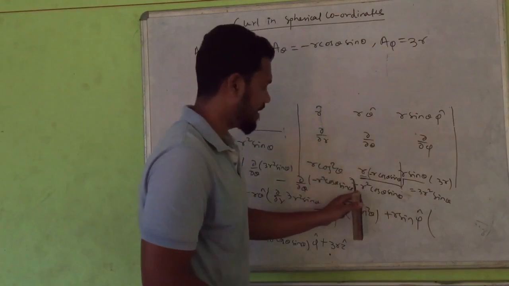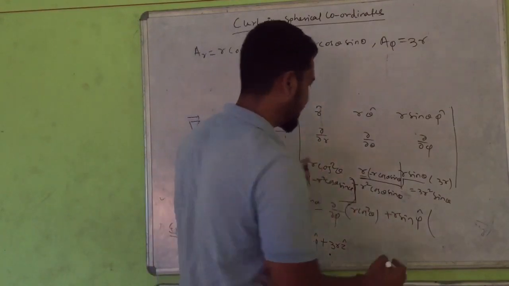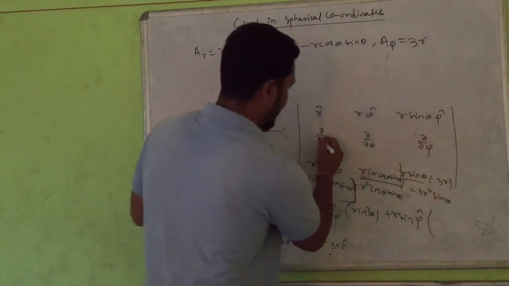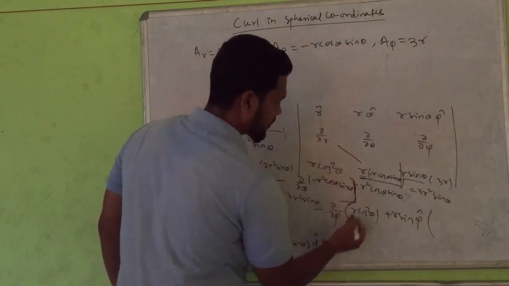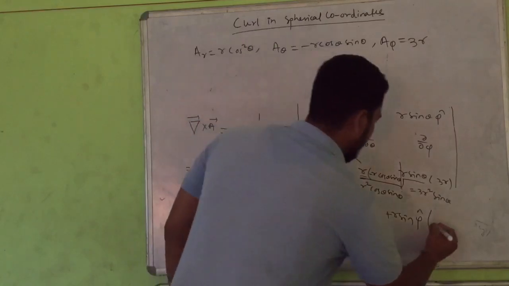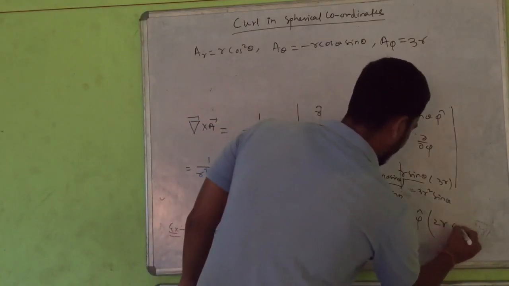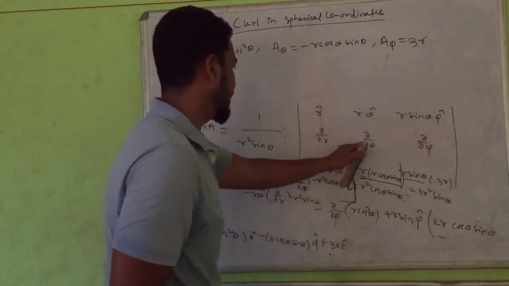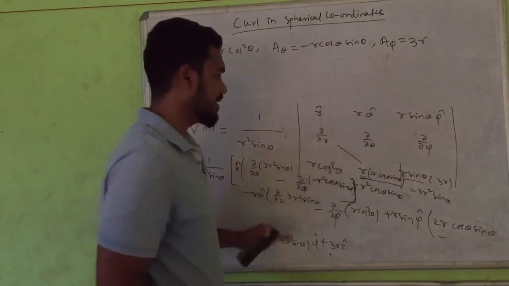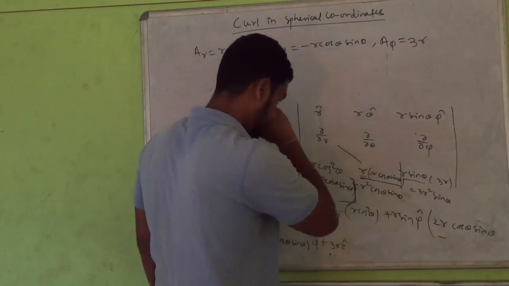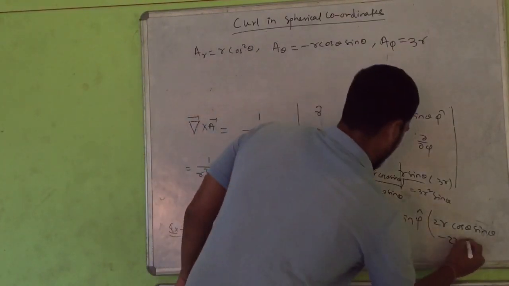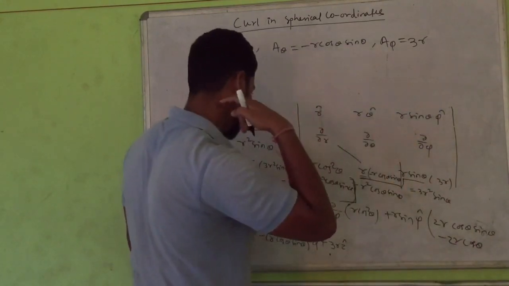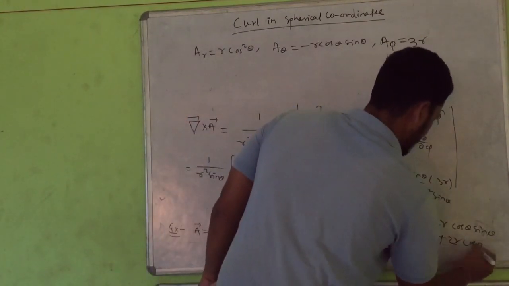del of del r minus r square cos theta sin theta, which will result to, I am writing directly here, 2r cos theta sin theta minus del of del theta of r cos square theta, which will result to 2r cos theta plus 2r cos theta.